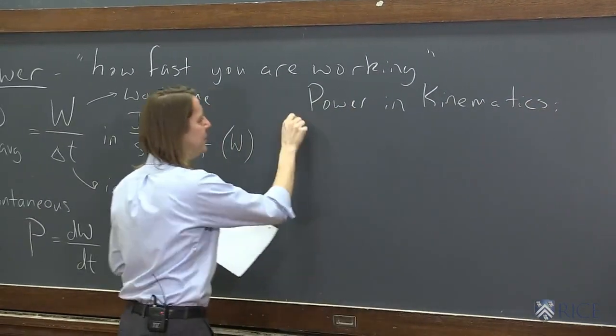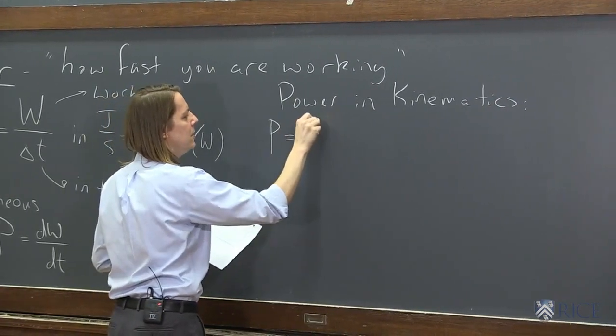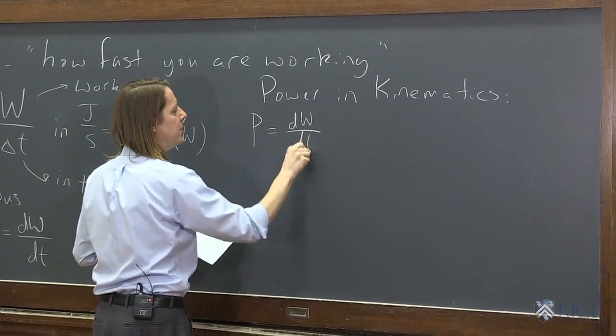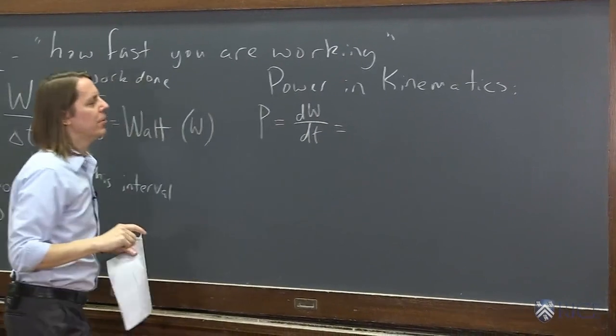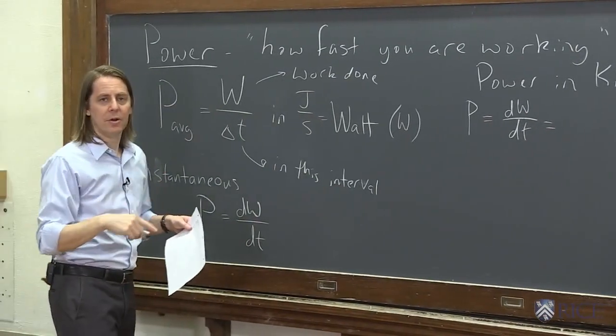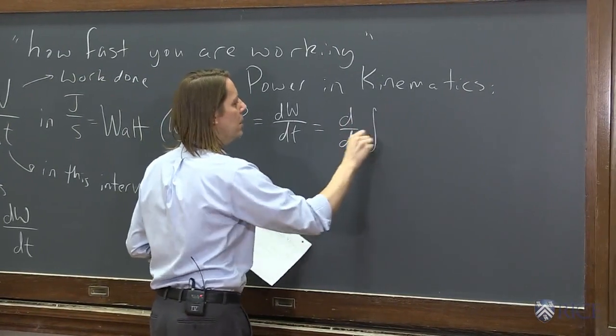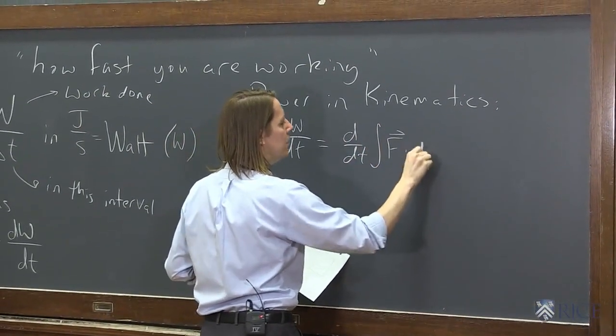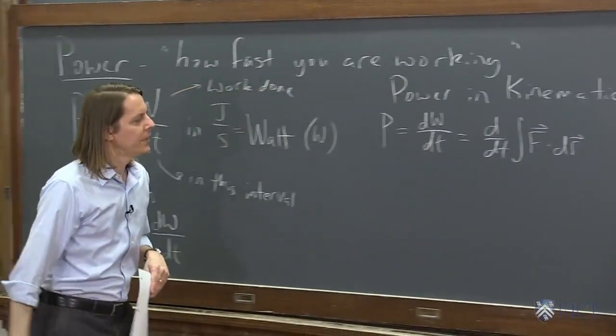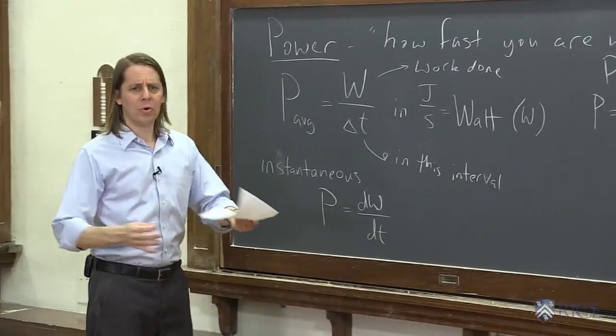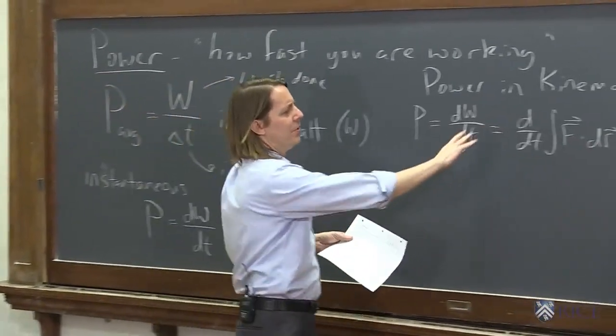And by that, I just mean if P is dW dt, well, we could plug in our integral, F dot dr, our definition of work. So it's d dt of the integral of F dot dr. So if you had some varying work and some varying curve, you could figure that all out from this.